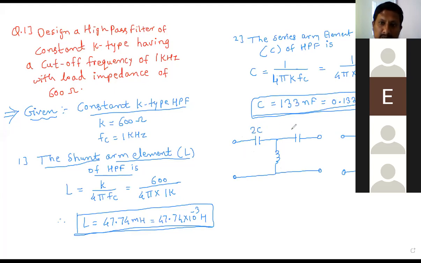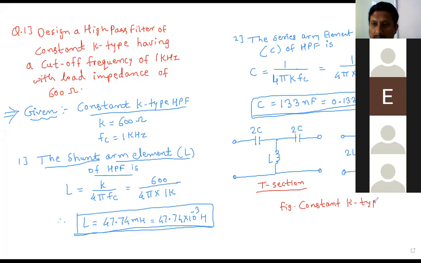So 2C, this is the value of L. Here it is C. This is 2L and this is 2L. So the T section is here, and this is the pi section. So this is the figure of the constant K type high pass filter.